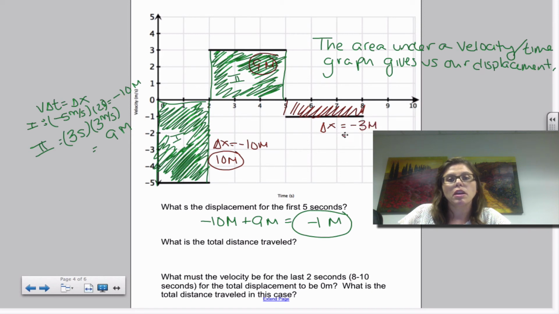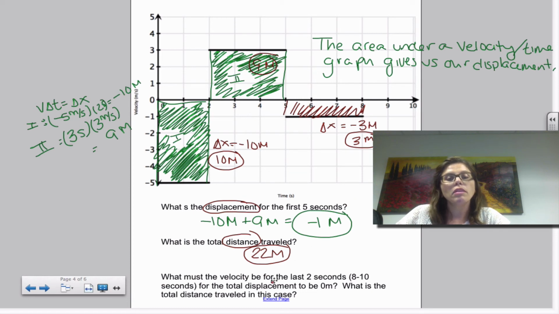So our distance traveled is 3 meters. So our total distance traveled is 9 plus 10 plus 3, which is, I believe, 22 meters. So be careful when you see distance or displacement.